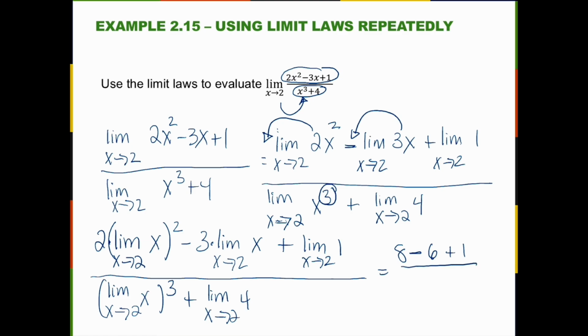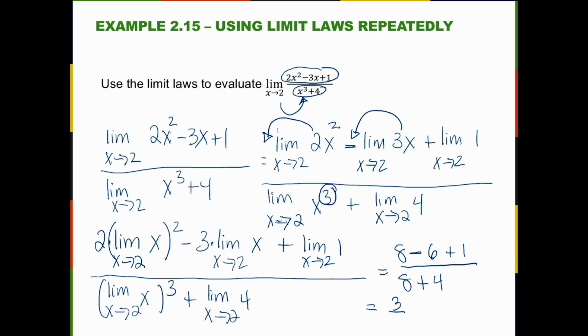And then the limit of a constant function is just the constant itself. Now in the denominator, I have the limit as x approaches 2 of x. So I would plug 2 in and I would get 2. And then 2 to the third would give me 8. Plus, and then I have the limit of a constant, which is just the constant.